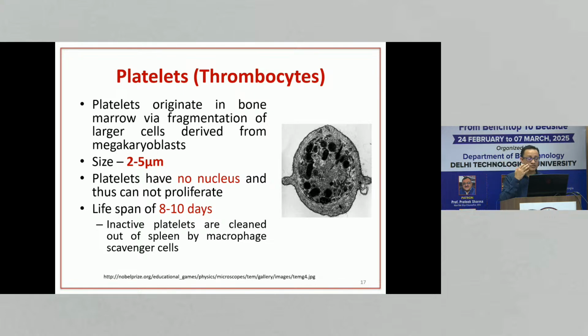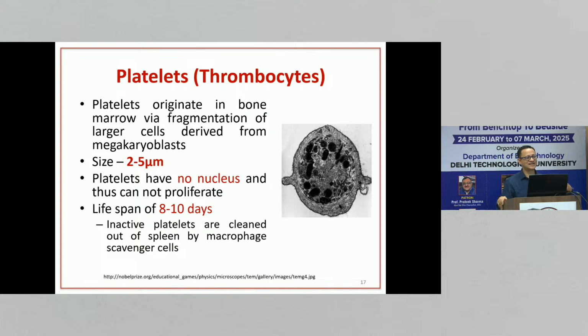Okay, so for wound healing, for blood material interactions, red blood cells are not that important, but platelets are very important because they lead to clot formation. The size of these platelets is 2 to 5 micron. Platelets have no nucleus, so they cannot proliferate, just like red blood cells.